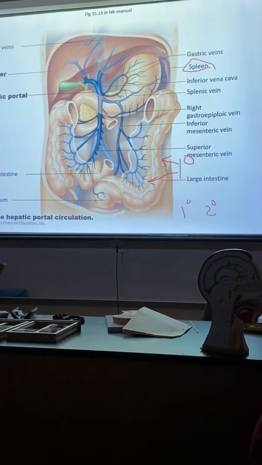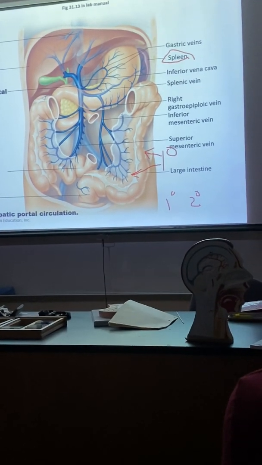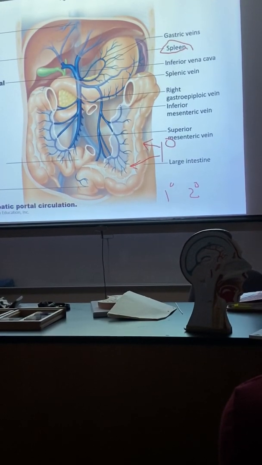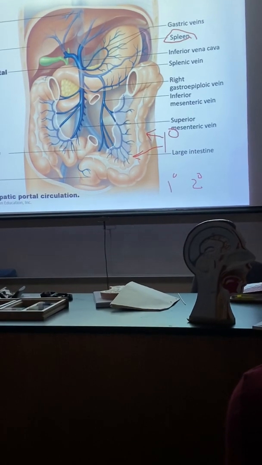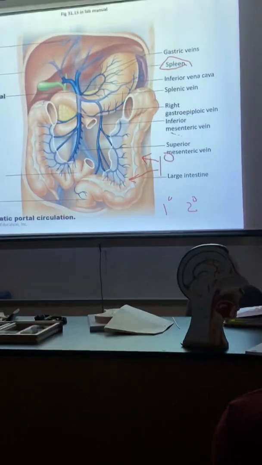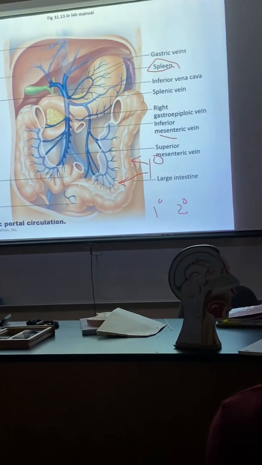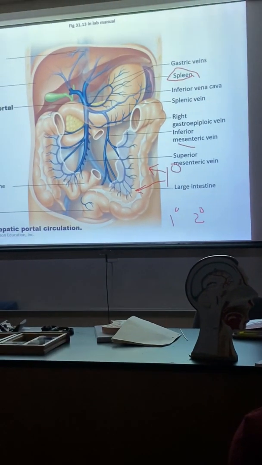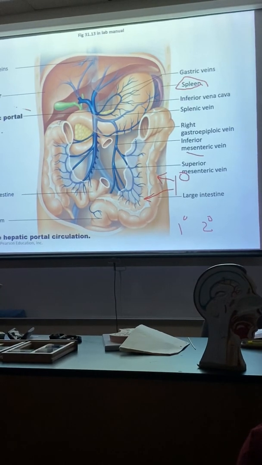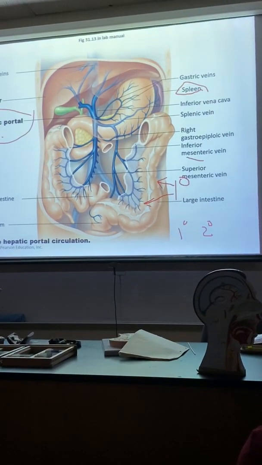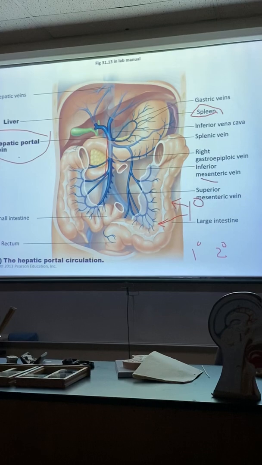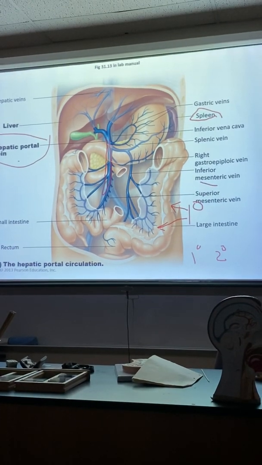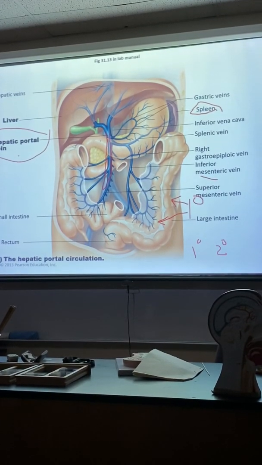So splenic veins, gastric veins, and intestinal veins, the mesenteric veins, will all drain into the large portal vein here, called the hepatic portal vein. So actually all of this here is hepatic portal vein.